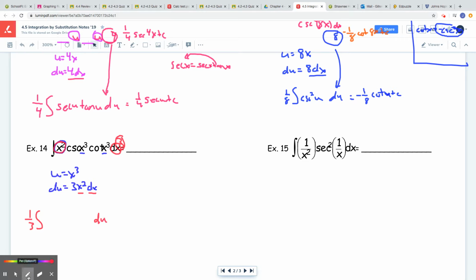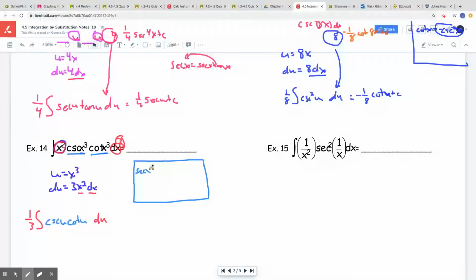Now what's left is the cosecant x cubed, which I can rewrite as cosecant u, and cotangent x cubed, which is cotangent u. Once again, back to our derivatives: the derivative of secant x is secant x tan x, and cosecant x is negative cosecant x cotangent x.